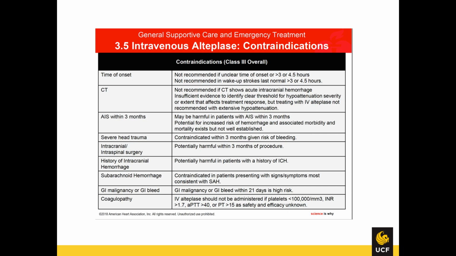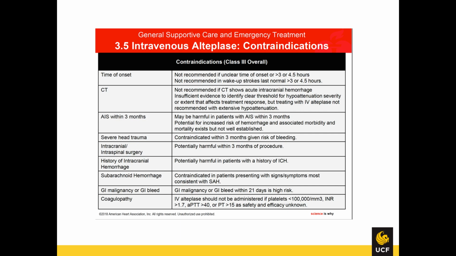In severe head trauma, it's contraindicated. If they've had any kind of brain bleed in the last 3 months, then they're not going to be a candidate if they've had severe head trauma. So head trauma within the last 3 months, we're not going to be giving them any kind of alteplase therapy.